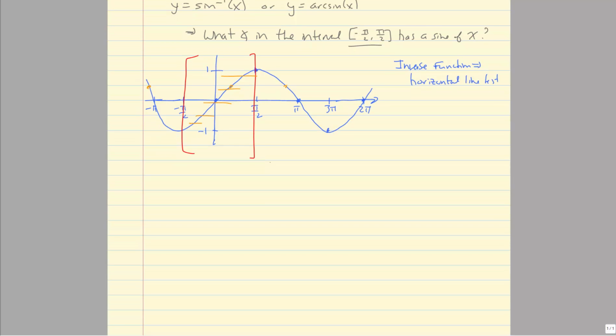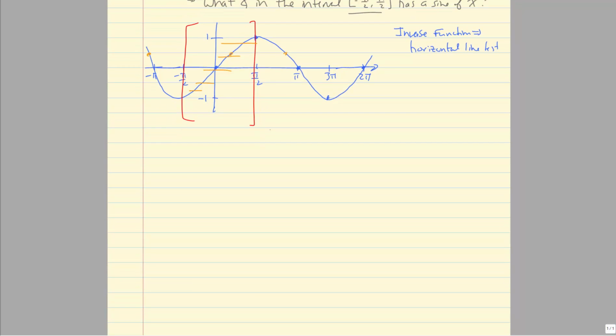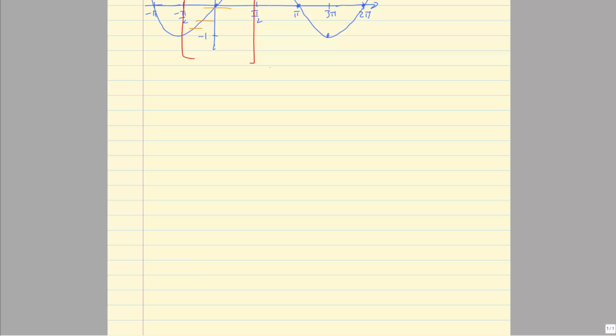And what we've done then is we can do this for each function: inverse cosine, inverse tangent, inverse cotangent, etc. And so let's go ahead and make a table of these restrictions, and you'll need to know these restrictions. So first of all, let's start with the inverse function. And also another quick note, we write this as arc sine or inverse sine.